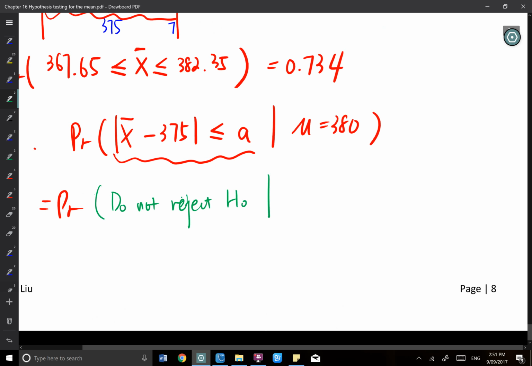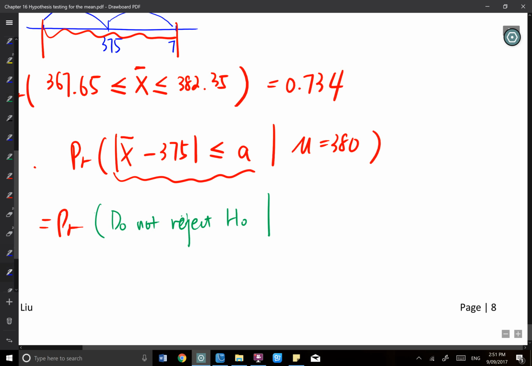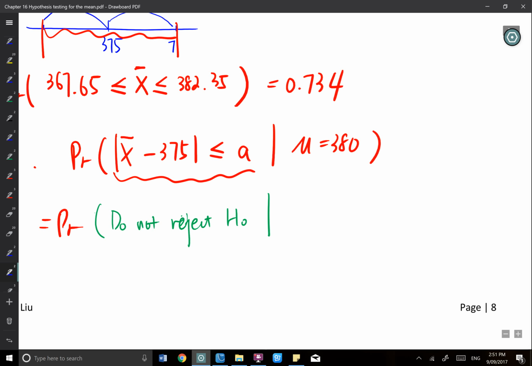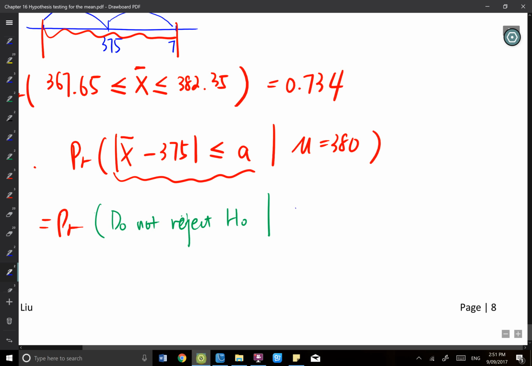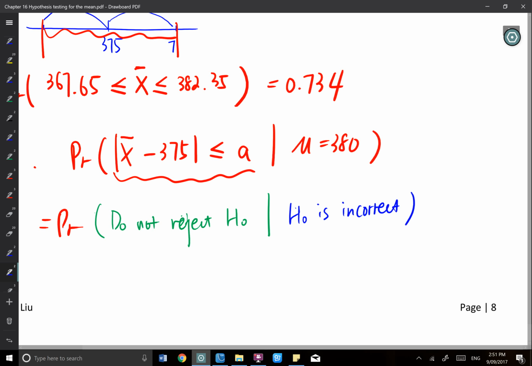But given mu is 380, is H0 correct or not? Your null hypothesis is right or wrong? H0 is incorrect. H0 is 375, and it's obviously not 375, it's 380. So you do not reject H0.